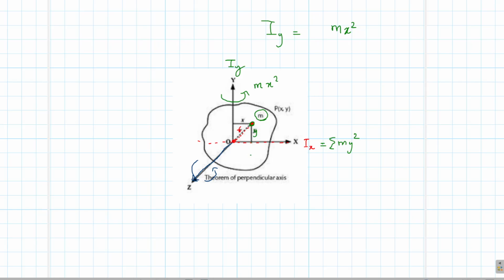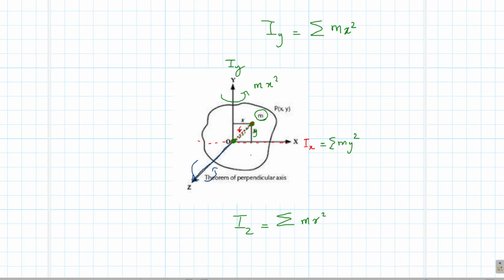Now we are considering all the particles inside the body and taking the sum to find the total moment of inertia. So this is Iy and Ix, and what we want to find is Iz. Similarly, Iz is simply summation over mr square, right? Because here from the z-axis, r is the distance to this arbitrary point m.